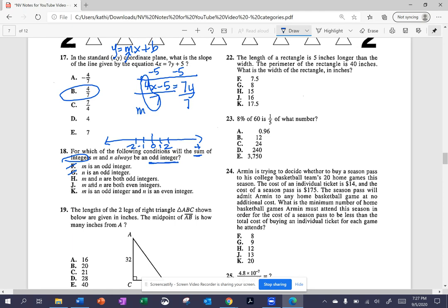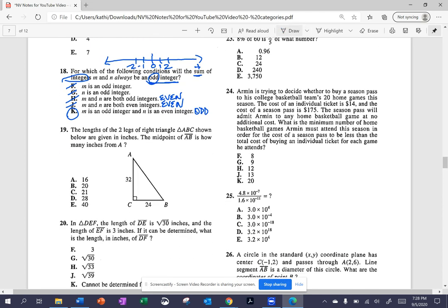If m and n are both odd, when I add two odd numbers, I end up with an even number, and I want an odd number, so no. And if both are even, when I add two even numbers, I get an even number, so not this one. And if I have an even and an odd, then I'll end up with an odd number. So the last one is my solution.